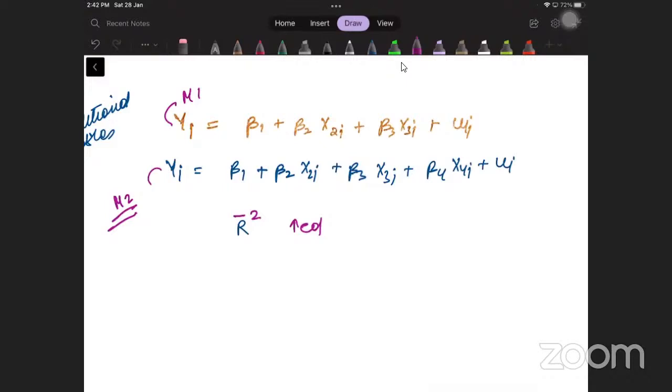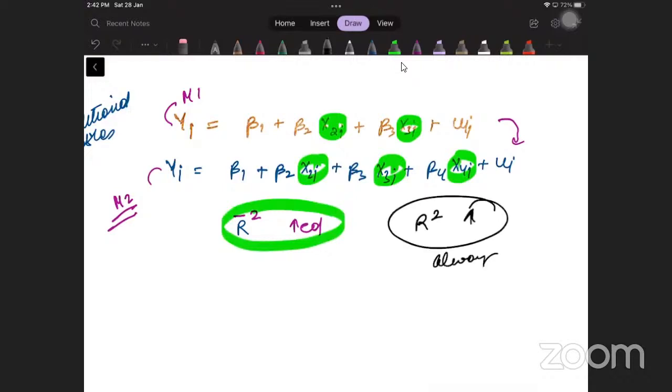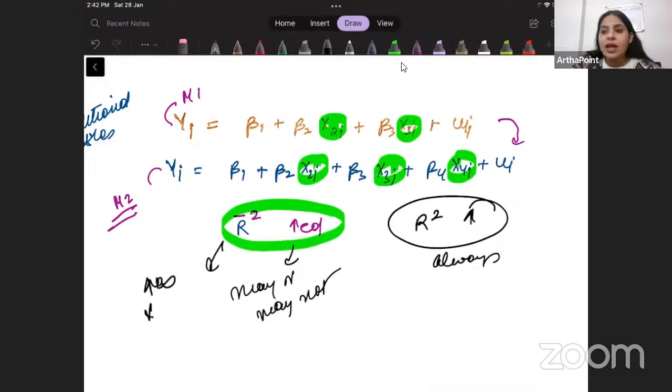So always when you add an additional variable, when you go from x2, x3 to x2, x3, x4, you have to check whether r bar square is increasing or not. R square will always increase, always. But r bar square may or may not increase. If it increases, then you have a good model. Then you will go for that bigger model.